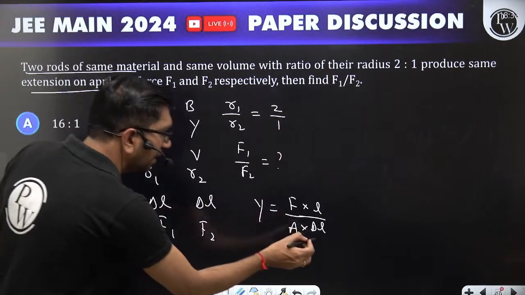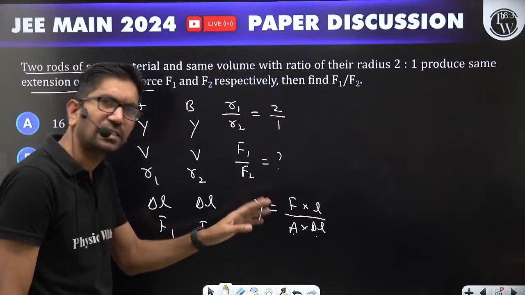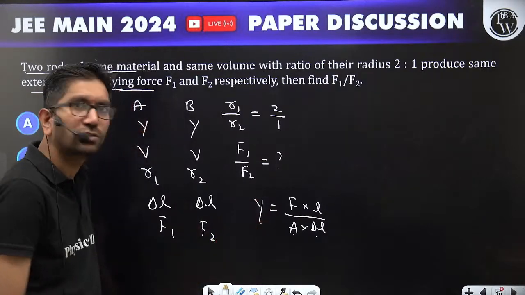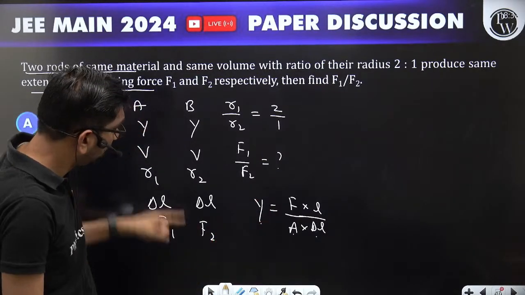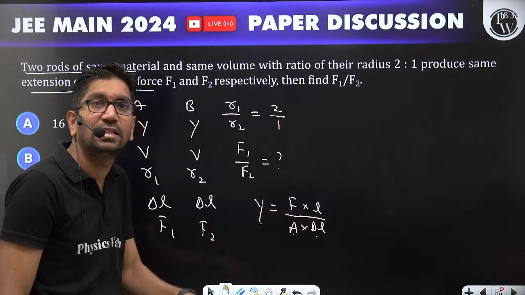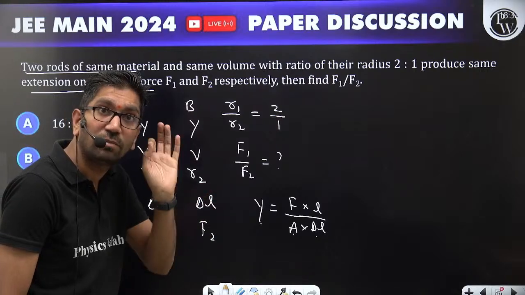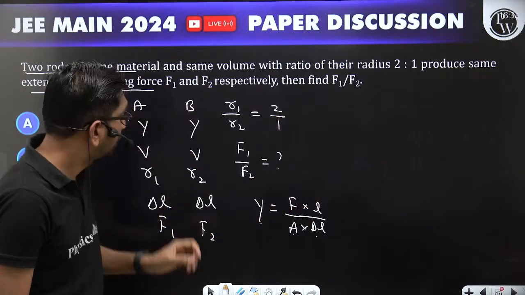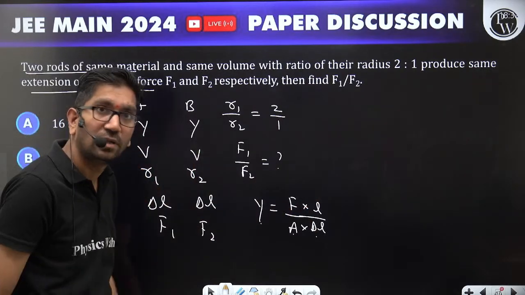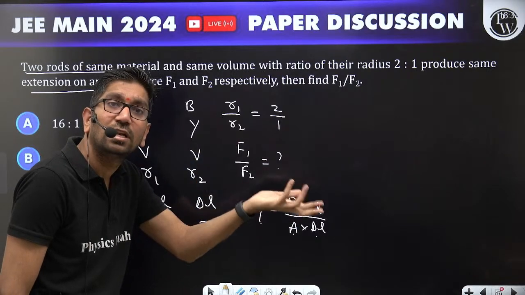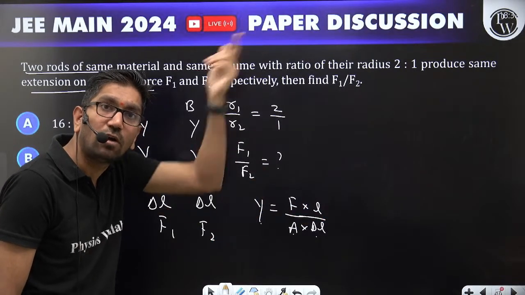Delta L is the same, and the Young's modulus is also the same. But he didn't mention the length. He just mentioned that volumes are the same. Then we have to remove this length. Convert this length into the volume.